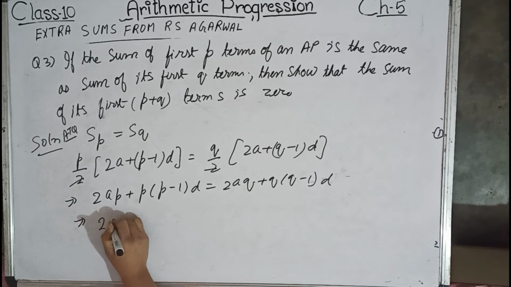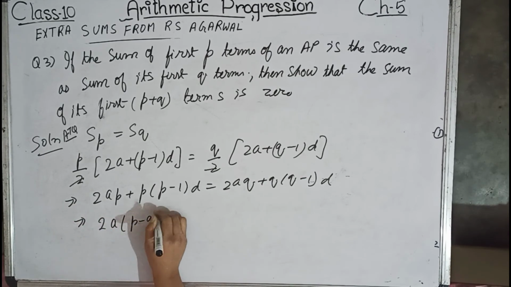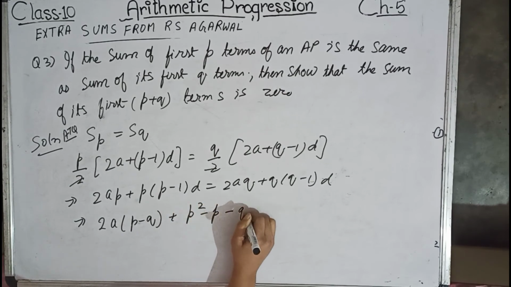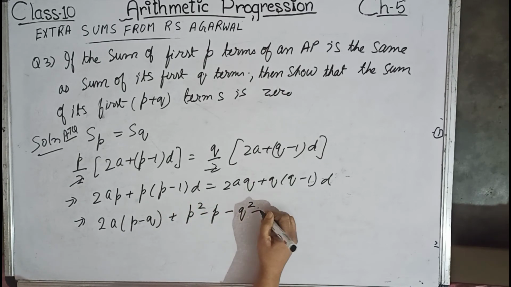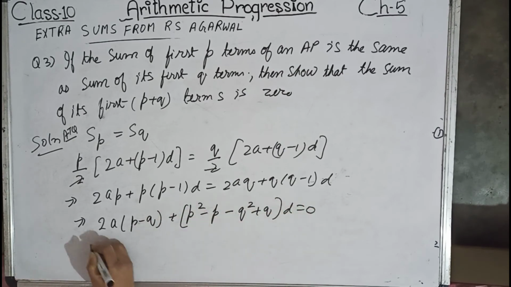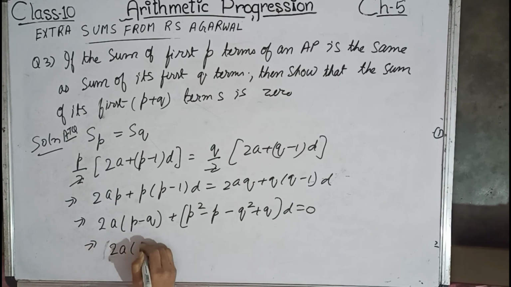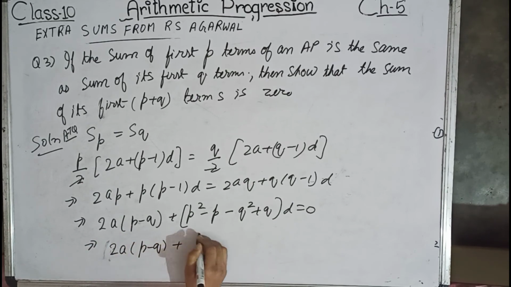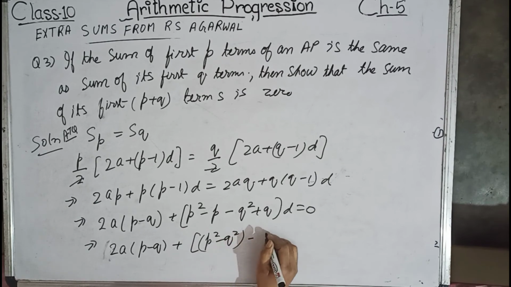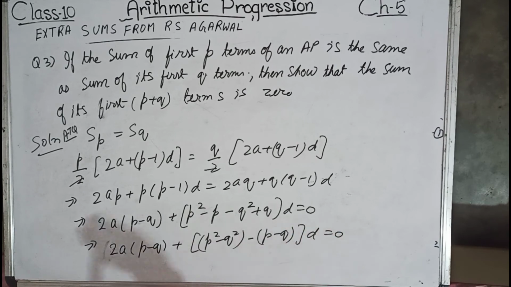Now this implies 2a into p minus q plus p square minus p minus q square plus q into D equals 0. This implies 2a into p minus q plus p square minus q square minus p minus q into D equals 0.